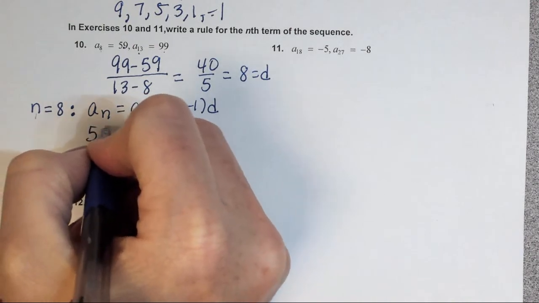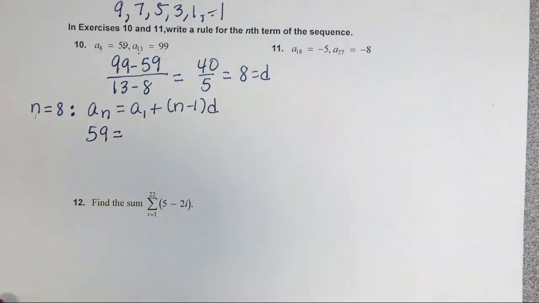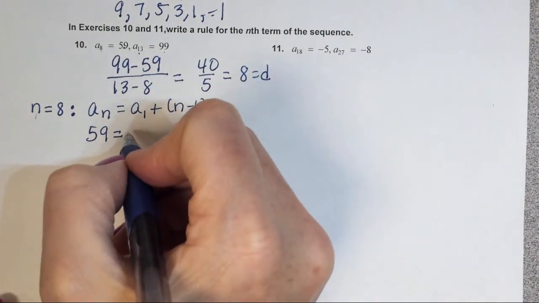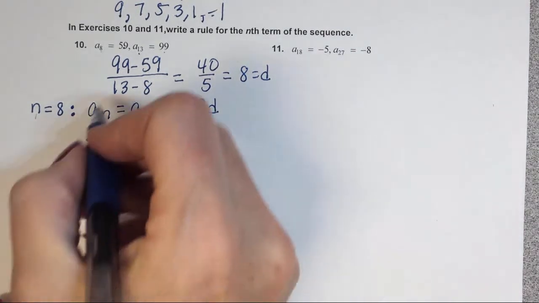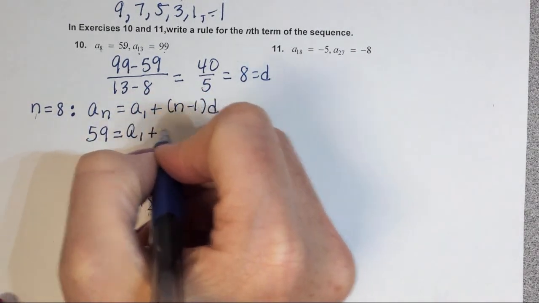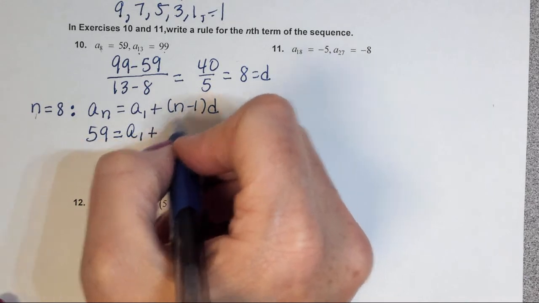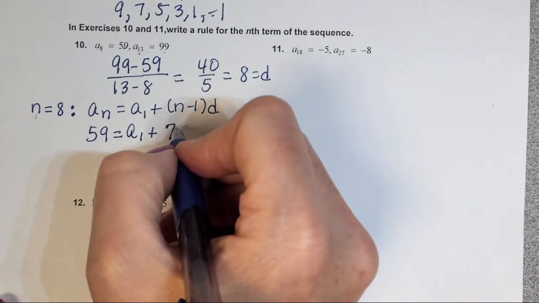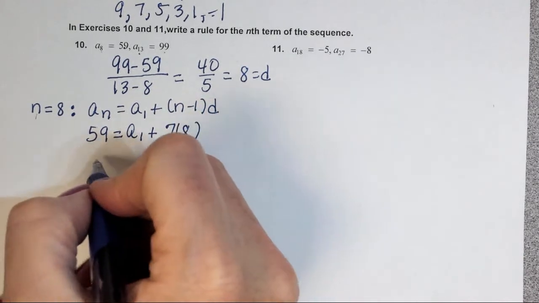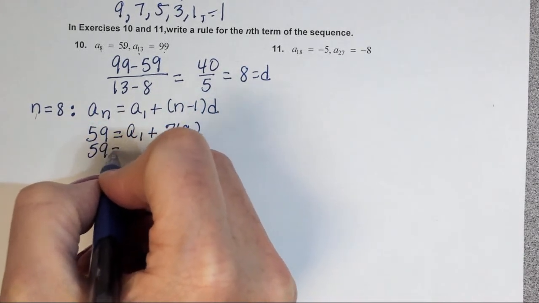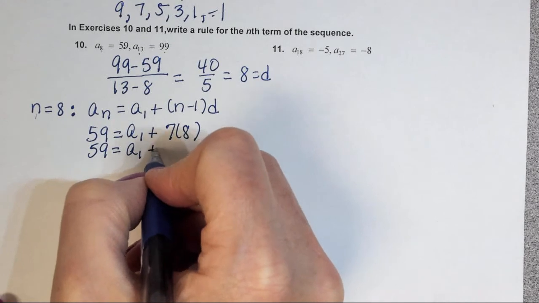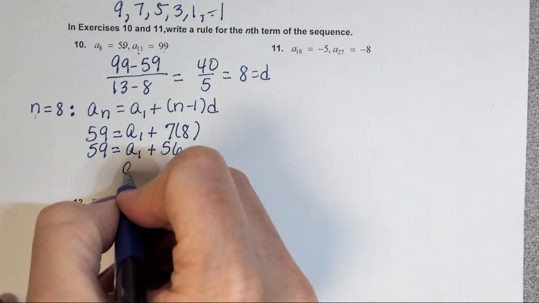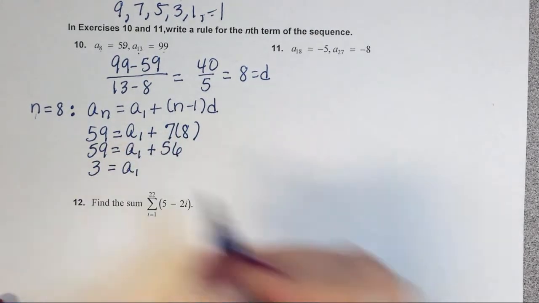So 59 is going to have to equal a sub 1. Do I know it? No. What's n? So 8 minus 1 is 7. Do we know d? 8. So now we've got 59 equals a sub 1 plus 56. So a sub 1 is going to be 3, right?